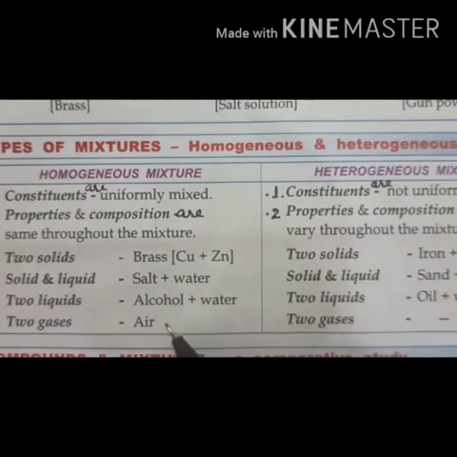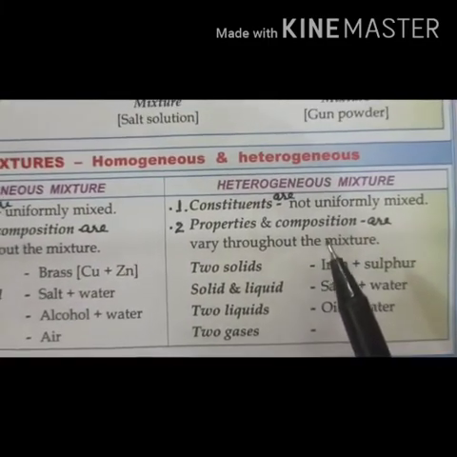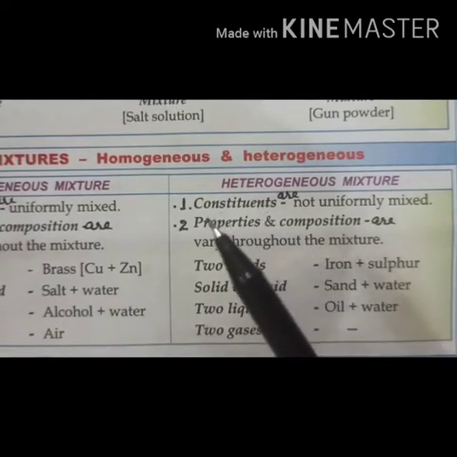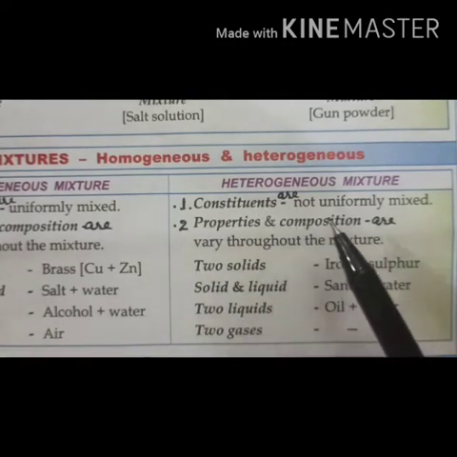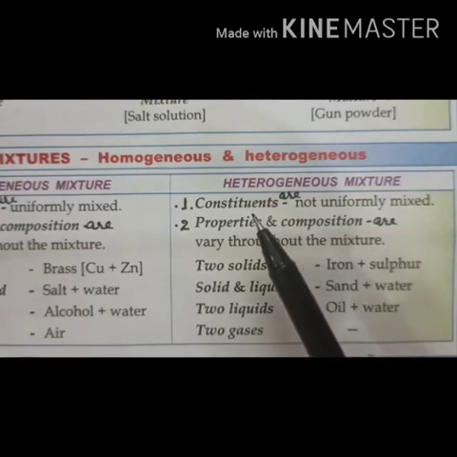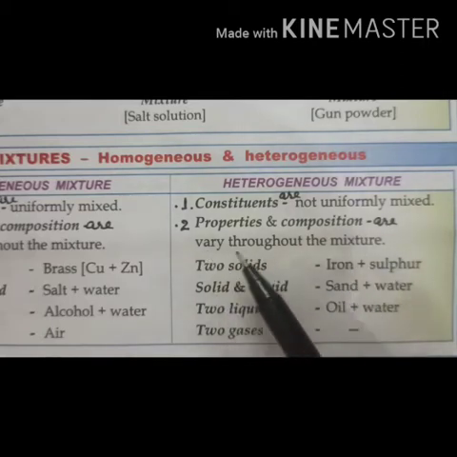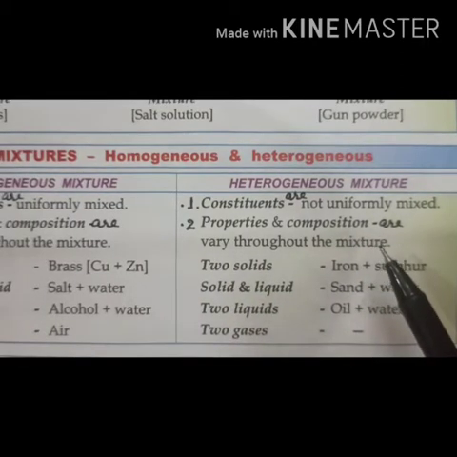Now next is the heterogeneous mixture. A heterogeneous mixture is a mixture in which constituents are not uniformly mixed and properties and composition are different throughout the mixture.